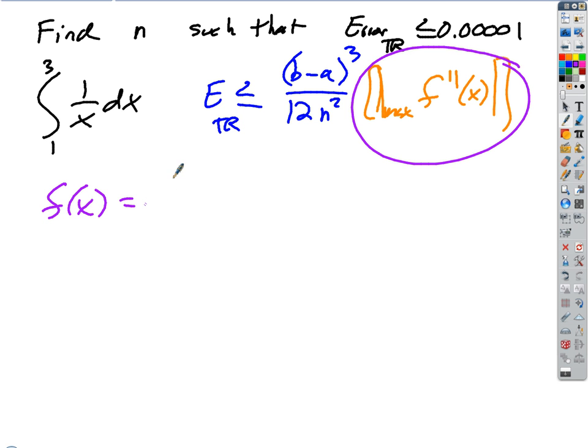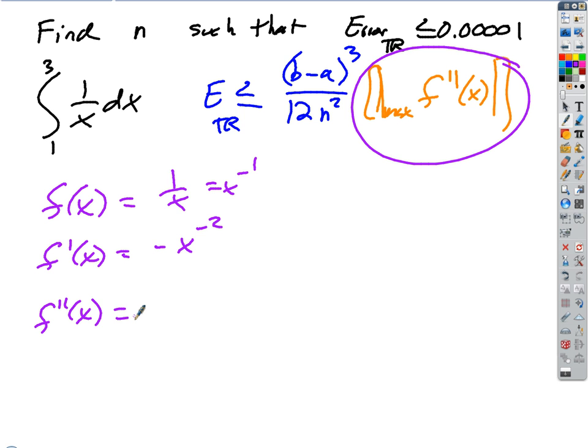1 over x, good, which is x to the minus 1. So what's f prime of x? Negative x to the minus 2. Good. Okay. How about f double prime? 2x to the negative 3, which is the same as 2 over x cubed.